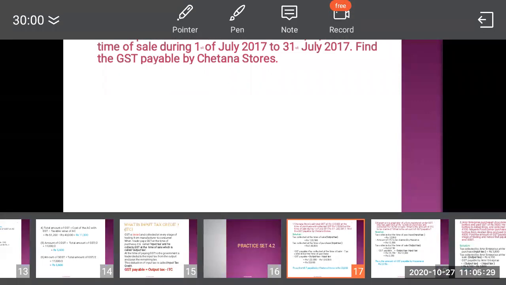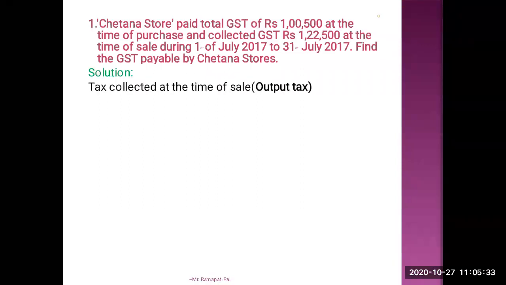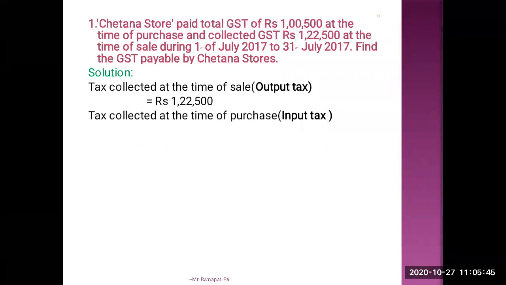Okay, let's see. First of all, we will write what is given, that is tax collected at the time of sale, that is output tax. You can write directly as output tax, no problem. That is 1,22,500, and then input tax, that is tax collected at the time of purchase, that is 1,05,000 rupees.